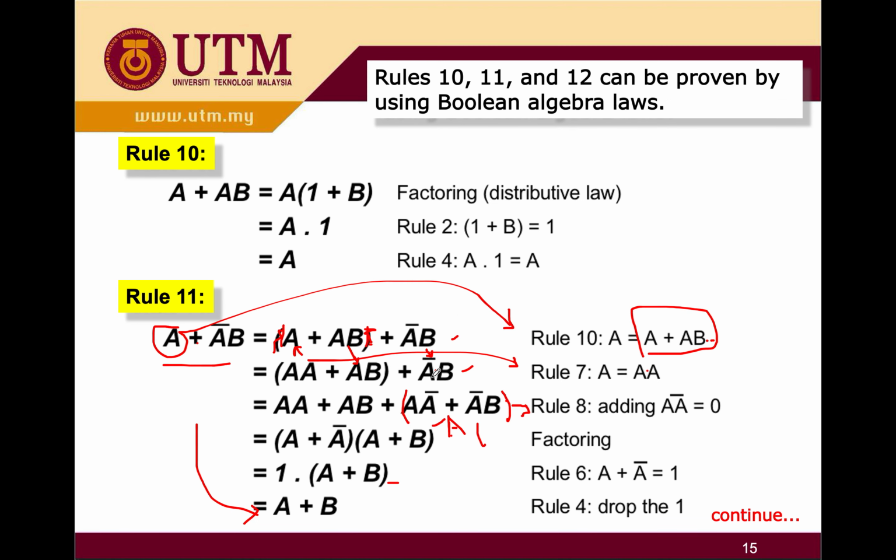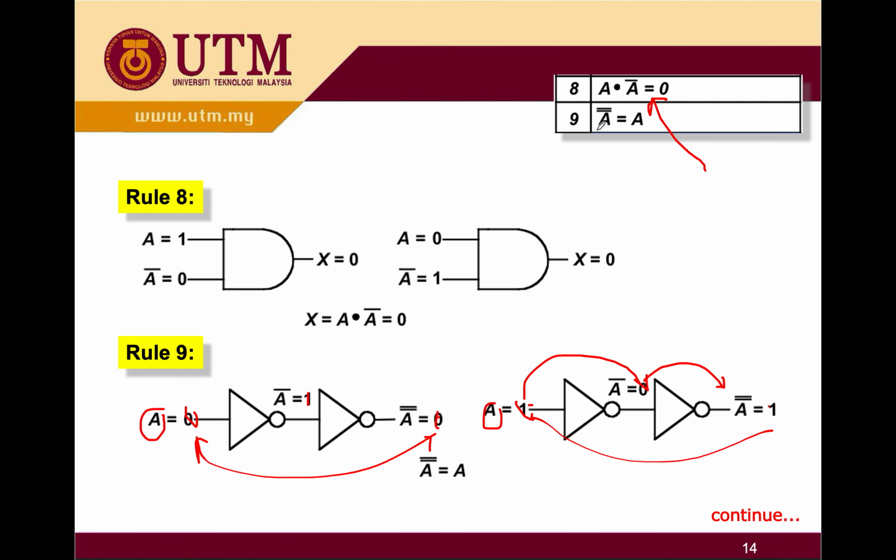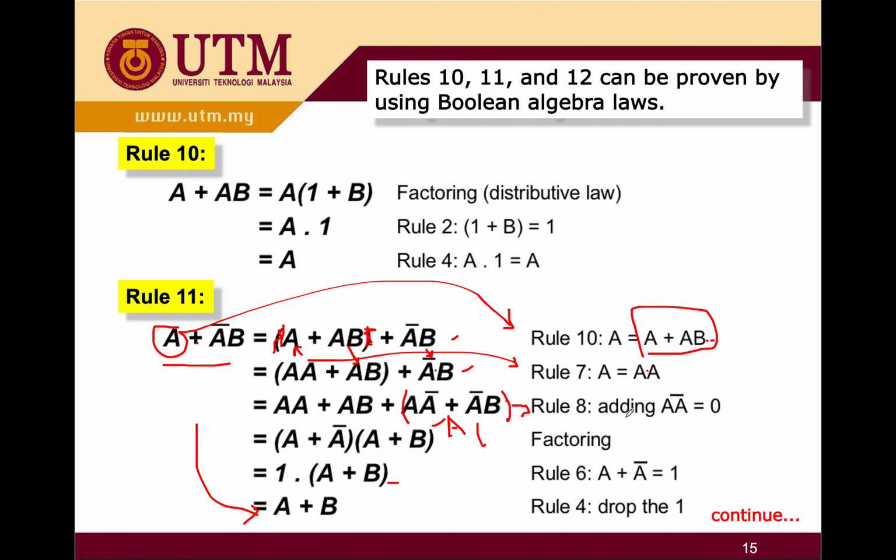So over here, a bar dot b. Sorry, this one is rule number 8 over here, adding a dot a bar, because this one is equal to 0. You just add this one to here, because there is no effect if you just add 0.